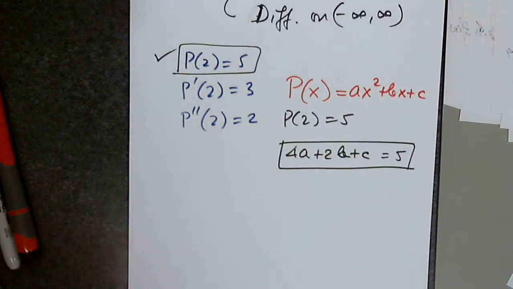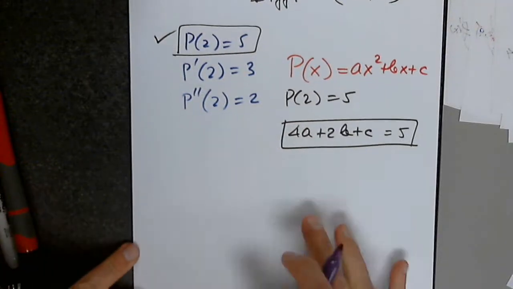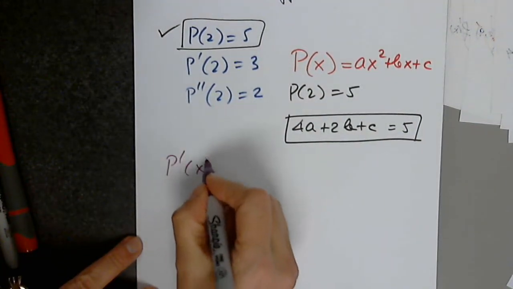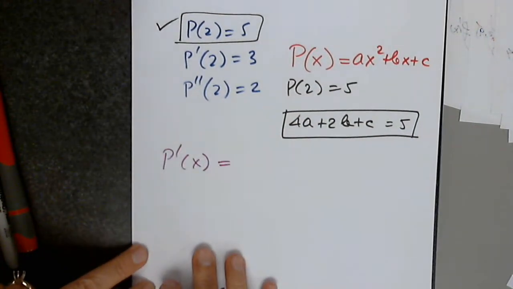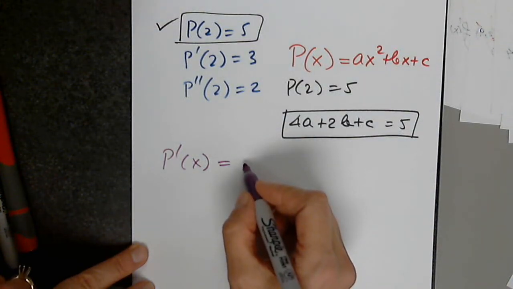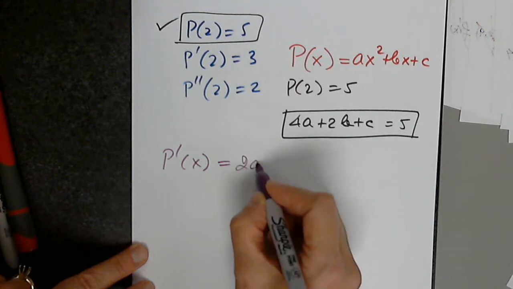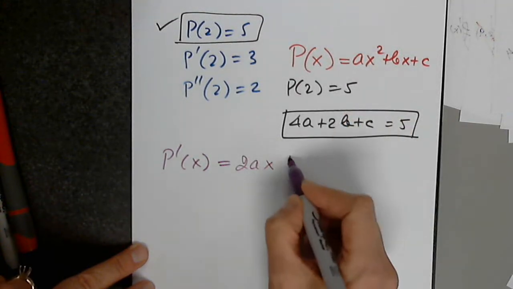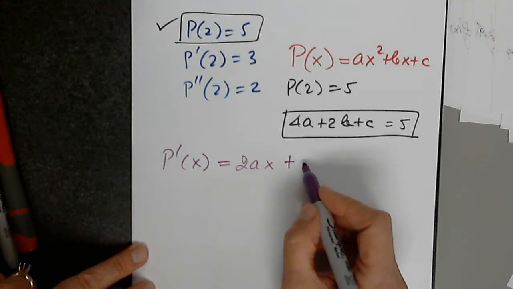What do I do with the second? Differentiate that general form. Yes, I have to find p prime of x, which is 2ax. I bring down the 2, plus b.